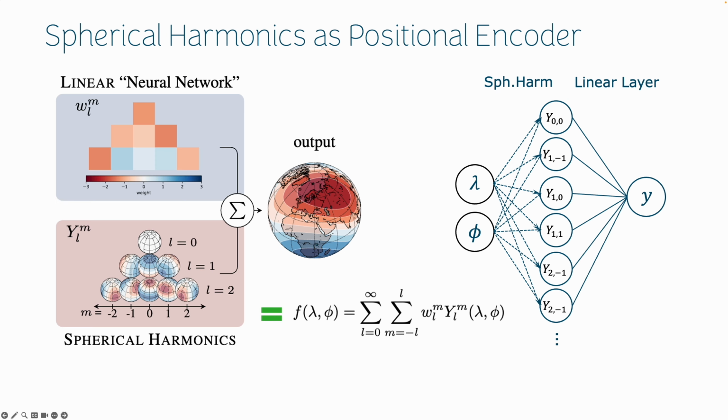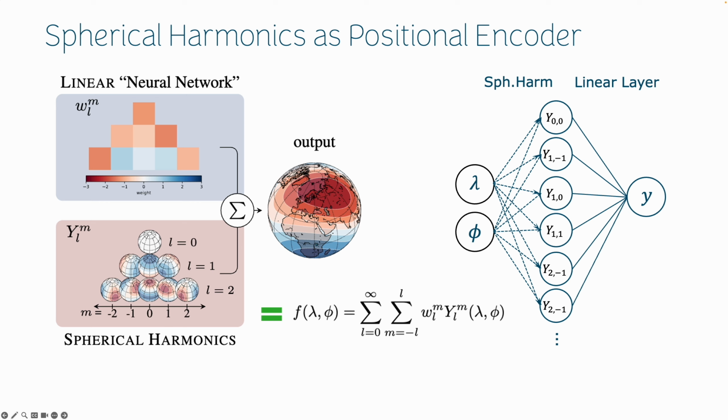And I would like to stress again here that when we leave away the Siren for the moment and we just focus on this linear neural network, we're doing nothing else than we would do in the earth sciences since 2008. So when we see these weights that we multiply with the spherical harmonic basis functions in a linear way, if we see that as a linear layer, we can see that basically as a location encoder with spherical harmonics as a position embedding and a linear layer as a neural network.